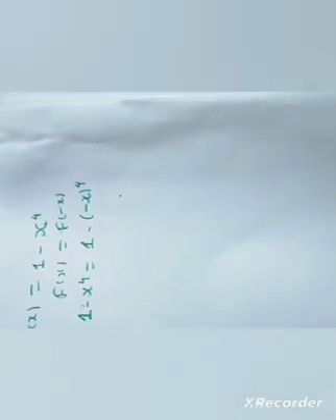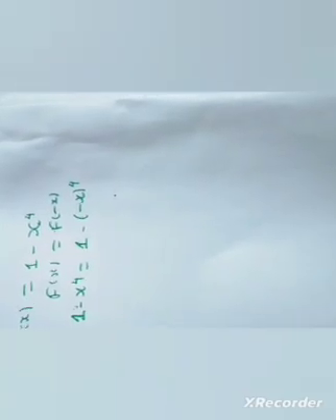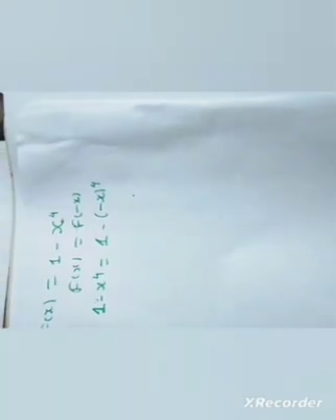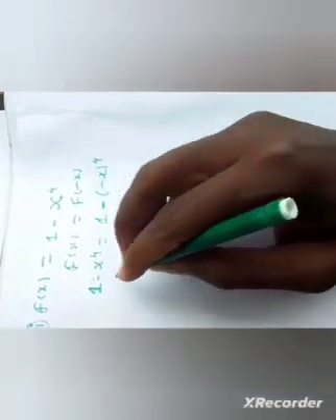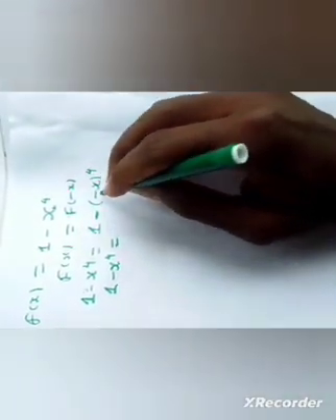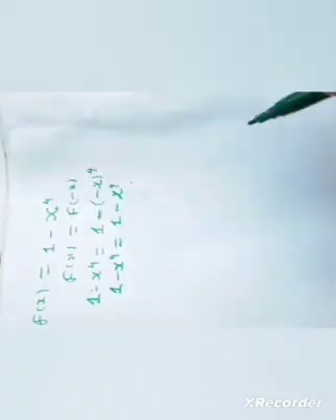Now, you need to know that whenever we raise a negative to an even exponent, a number that can be divisible by 2 without leaving a remainder, like 4, the negative will be cancelled. So I'm going to get a positive. So we can conclude that this is even.